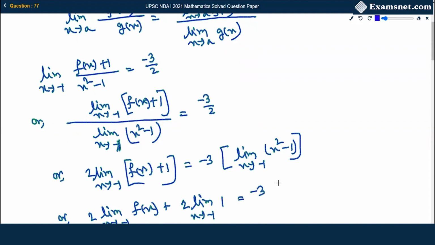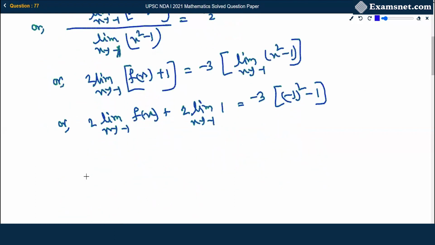If I put the limit directly, I get (-1) whole square minus 1 after putting the limit, or limit as x tends to -1 of f of x plus 2 equals minus 3 multiplied by 0.